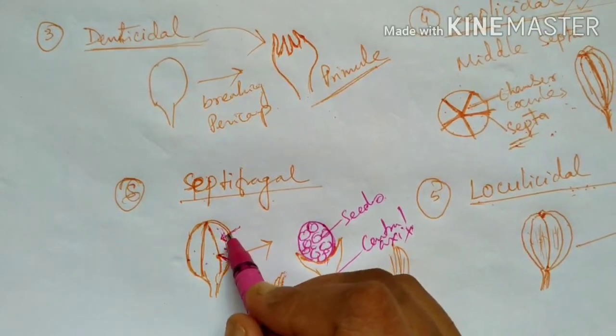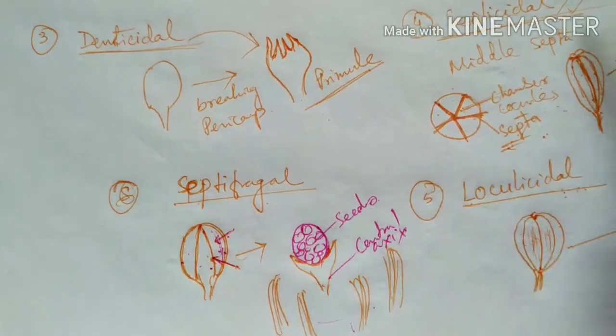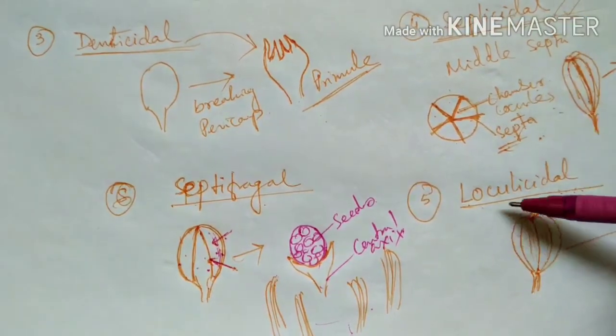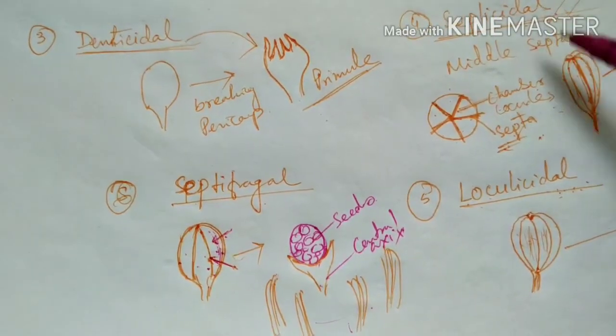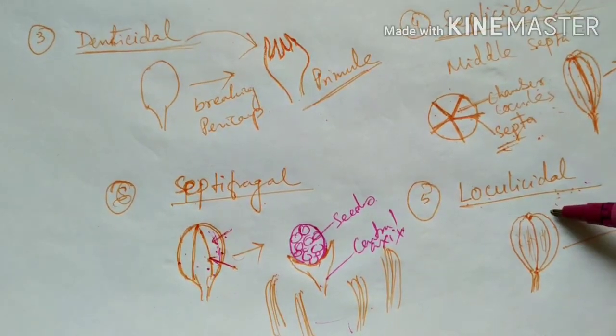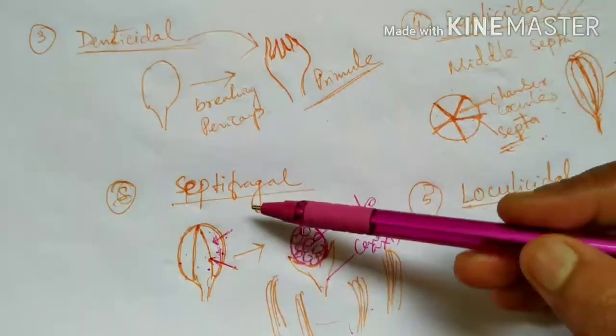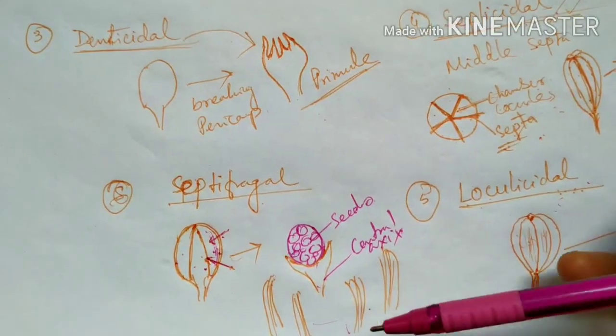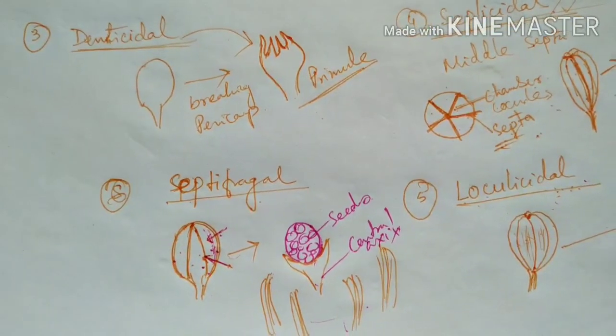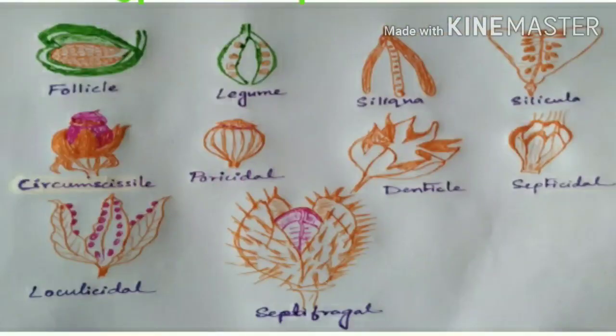So both types, septicidal and loculicidal, both types of dehiscence we can see in this septifragal type fruit. So this is all about simple dehiscent type fruit.